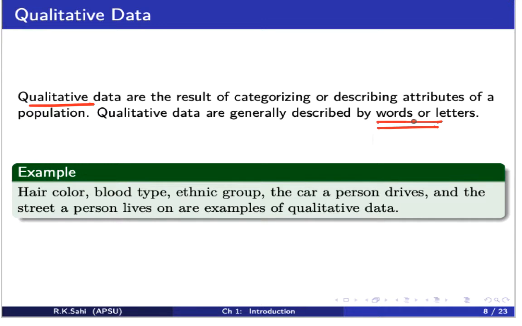For example, hair color, type of blood, ethnic group, car a person drives, a street a person lives on. These are all examples of qualitative data. Now they are much more simple. Anything which is not numbers and describes an attribute of a population or sample is qualitative data.